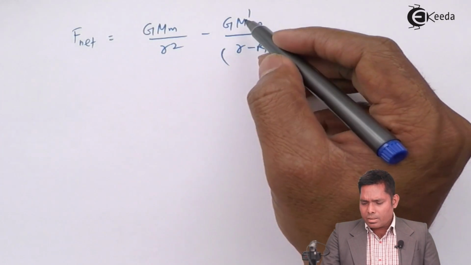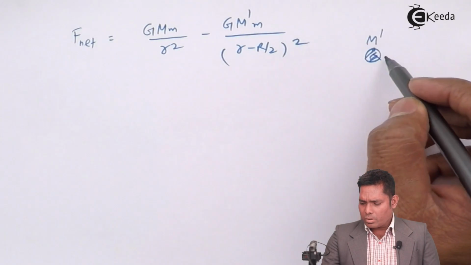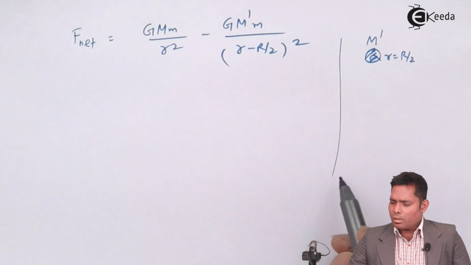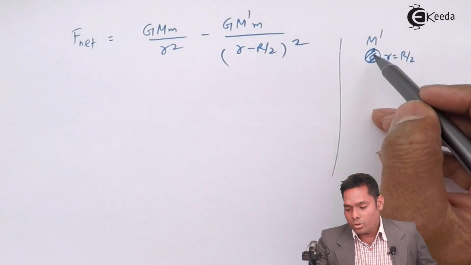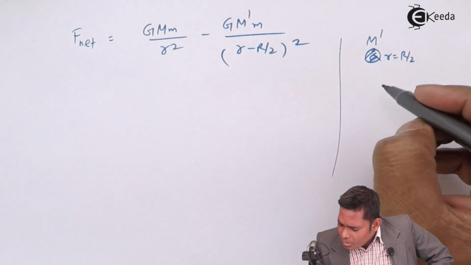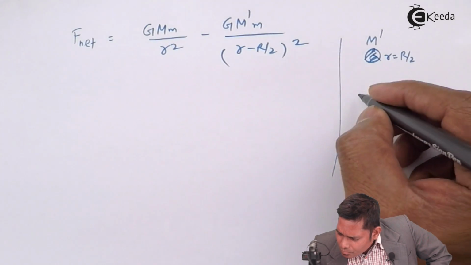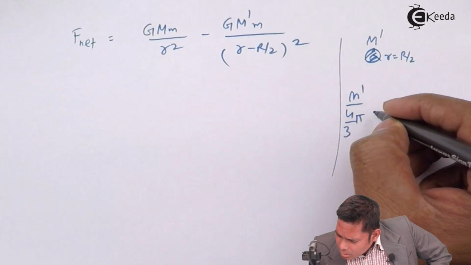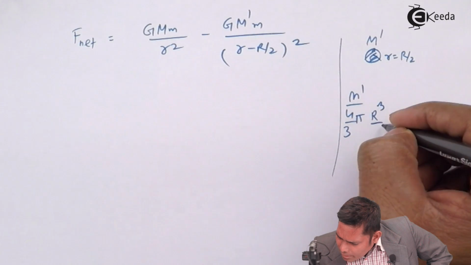Now we have to write this M dash, the mass of the removed portion, whose radius is r by 2. How much is the mass corresponding to this portion in terms of capital M? Because the sphere is uniform, the volume is 4 over 3 pi r cube, that is r cube by 8, corresponding to M dash.